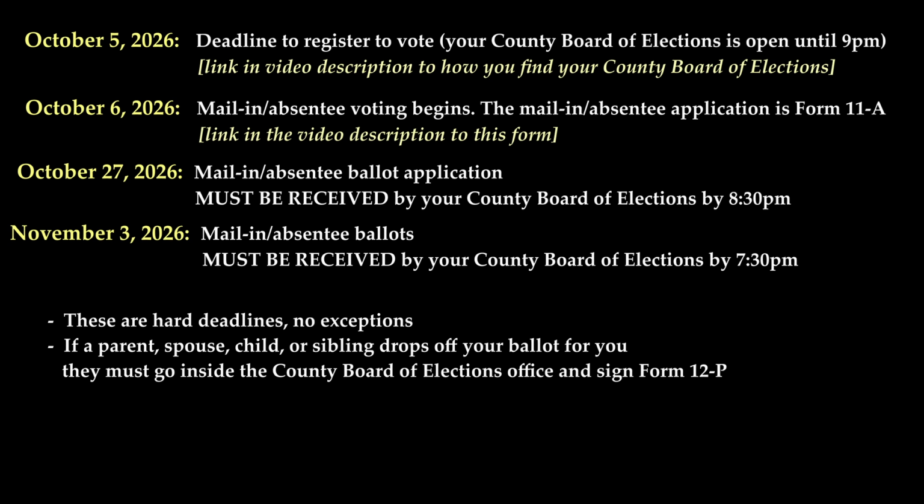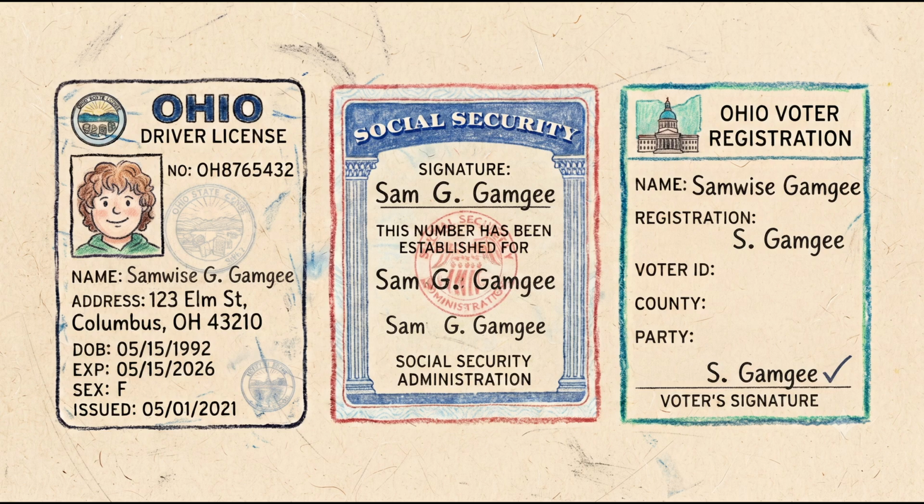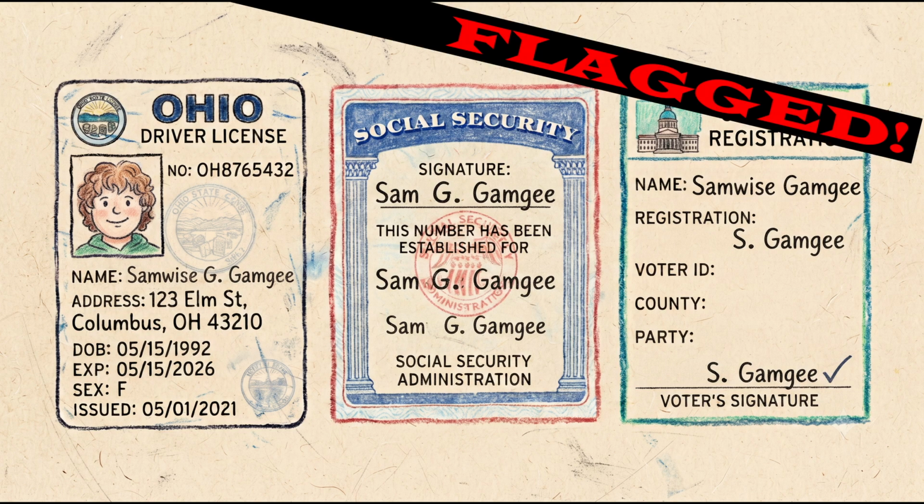Okay, so here's another little funny something that's new. If the name or address or other little bits of information that you use to register to vote doesn't match what the BMV system has or the Social Security Administration has, so like what's on your driver's license or your Social Security card, then you will be flagged.